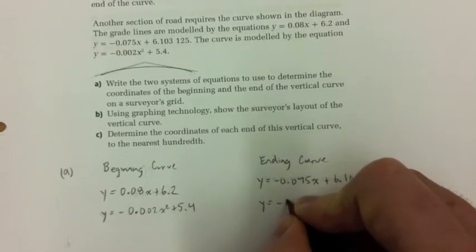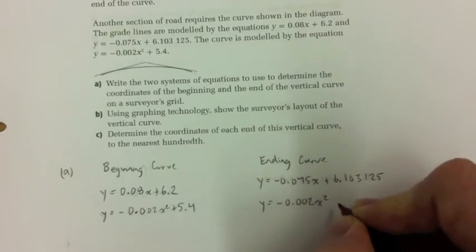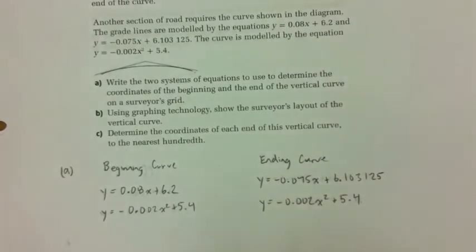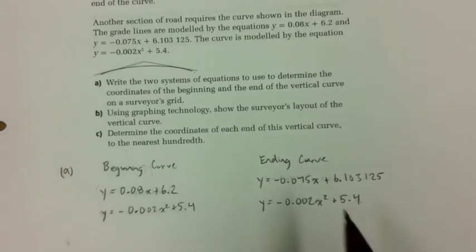And again, the equation of the parabola is y equals negative 0.02x squared plus 5.4. These are the two curves that we have systems of. To figure out where our curve is going to start, we use this first set of equations. To figure out where our curve is going to end, we use the second system of equations.